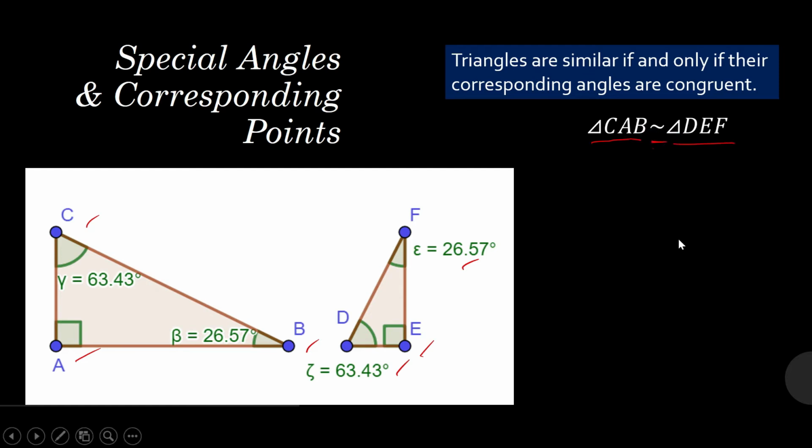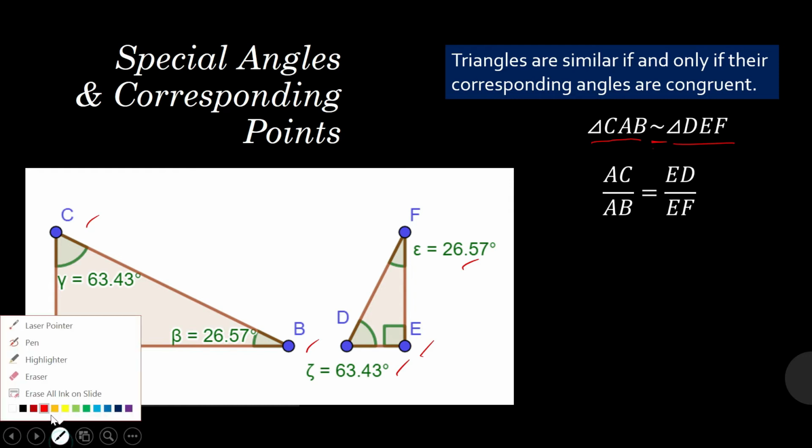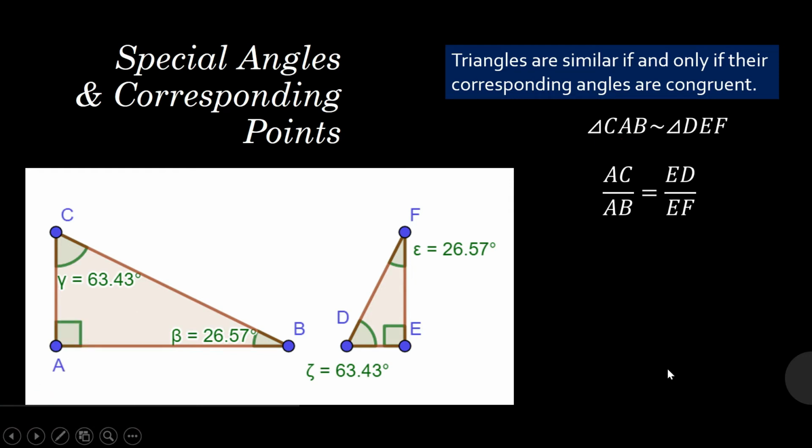And similarity between triangles brings a set of other characteristics, and this has to do with the ratio. The ratios of corresponding sides are equal. So in this case, the ratio of AC to AB is the same as the ratio of ED to EF.